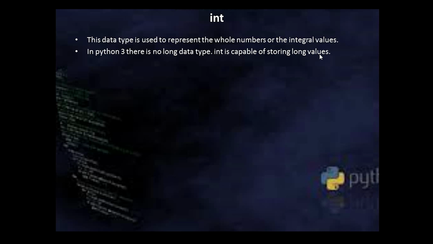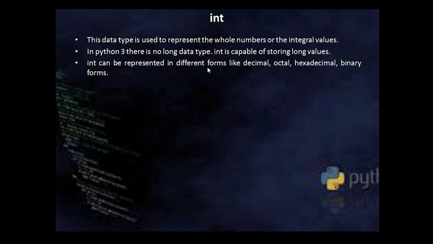So what are these different representations? That also we'll see. And all these representations can be preceded by a sign, that is plus or minus. So int can be represented in different forms like decimal, octal, hexadecimal, binary form.